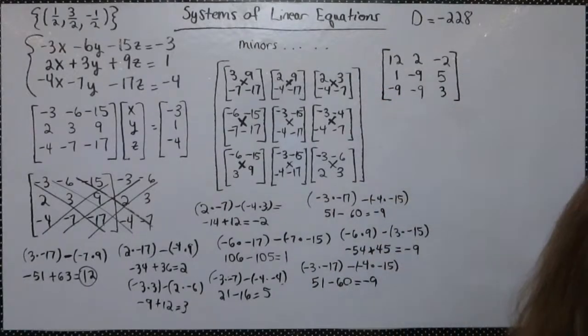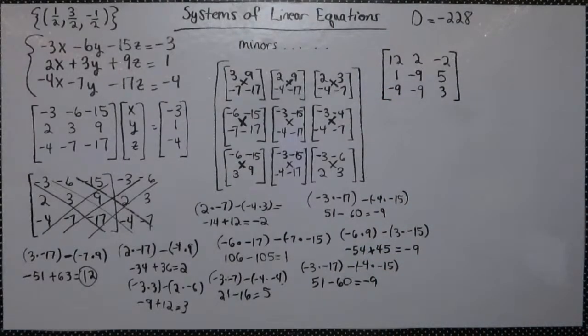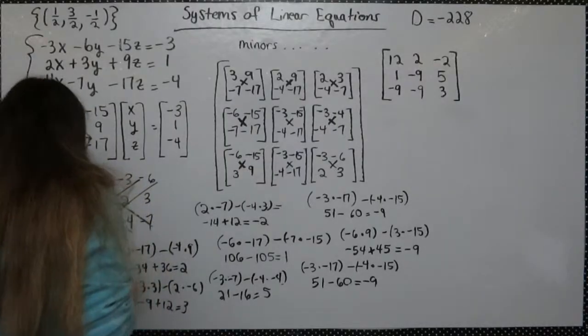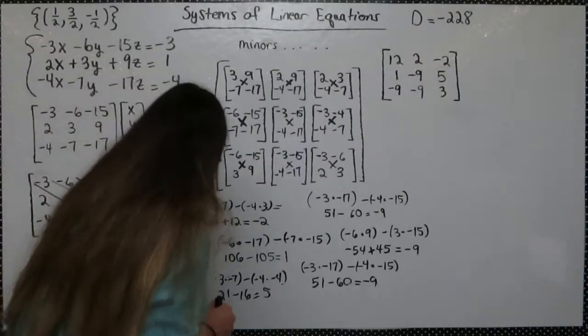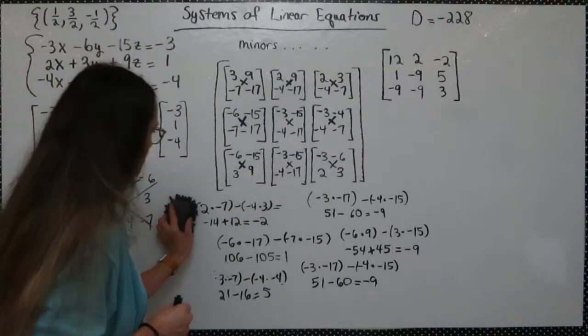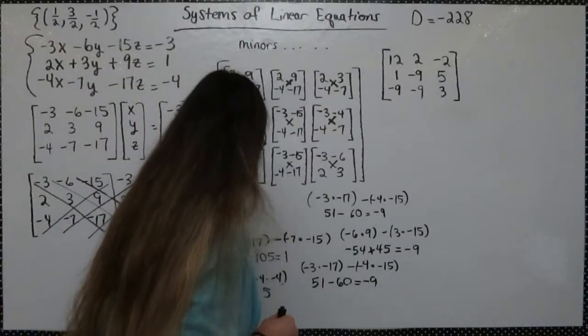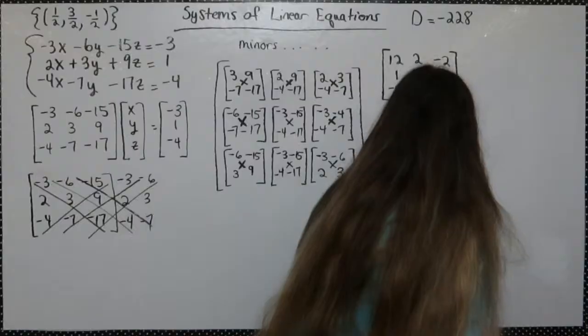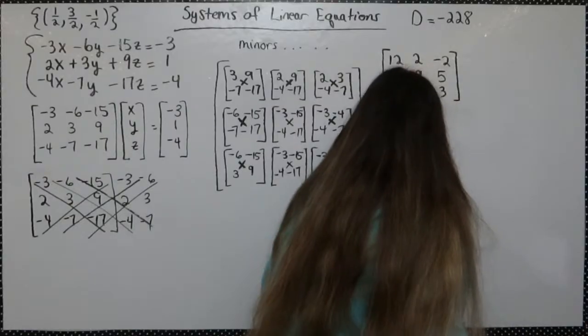And I'm going to have to erase that scratch. All right. So the next thing that we're going to do for the method is apply this rule of cofactors. And we might practice that tomorrow, and I'll show you the formula from my book. But for now, it's just alternating, and it starts with a plus.